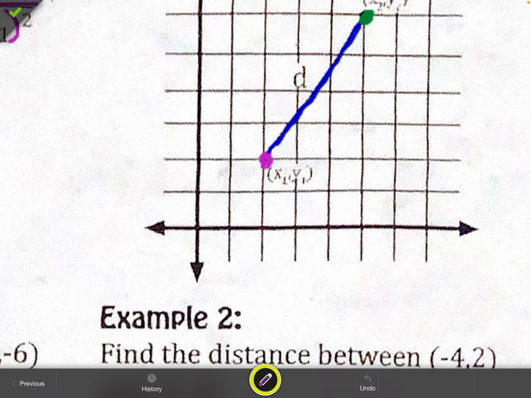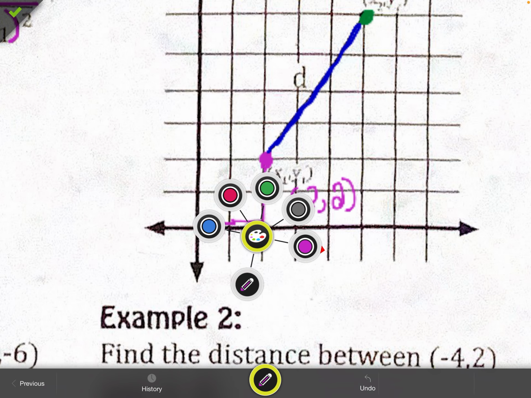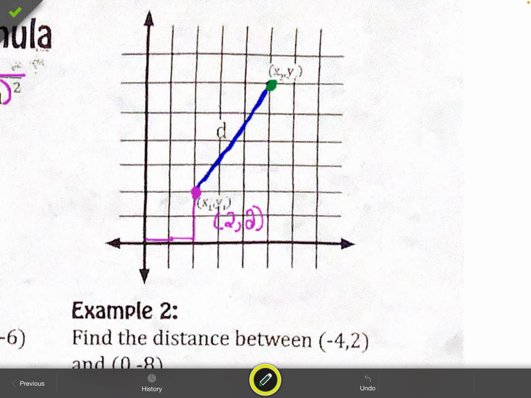So let's write our ordered pair. To get to this first point here that I have in purple, I have to go to the right 1, 2. So that would be +2. And then I have to go up 1, 2. So it's 2, 2. Now let's write our ordered pair for the green point up here.